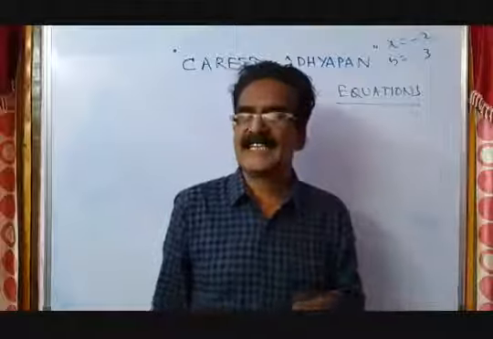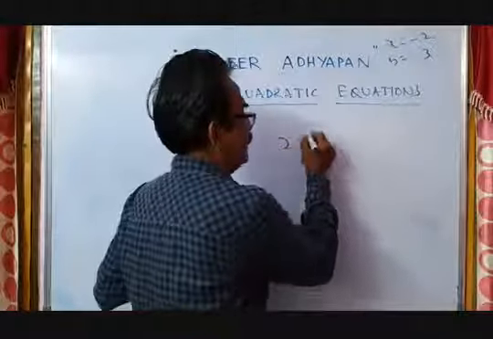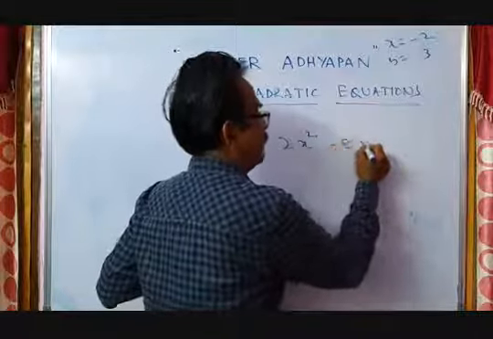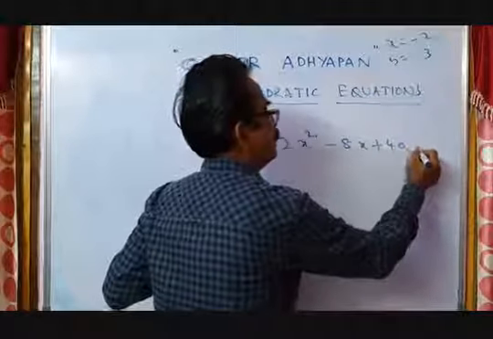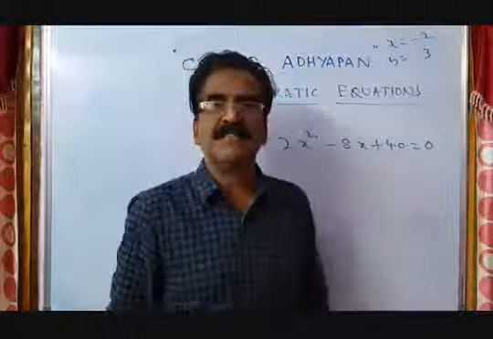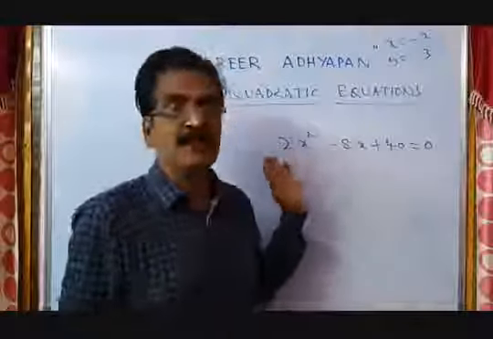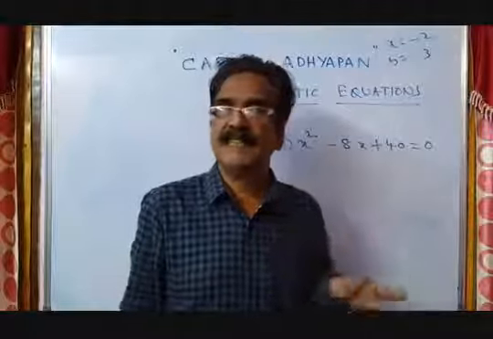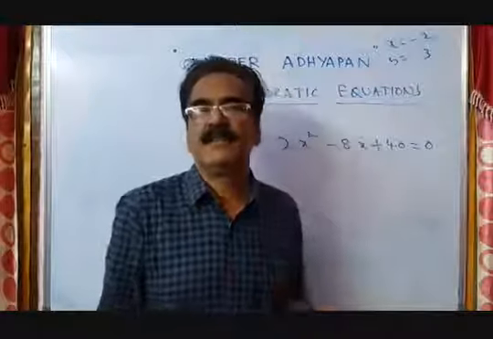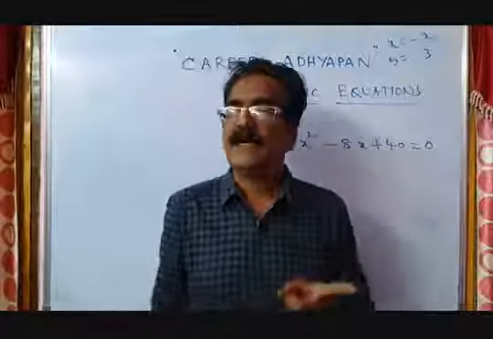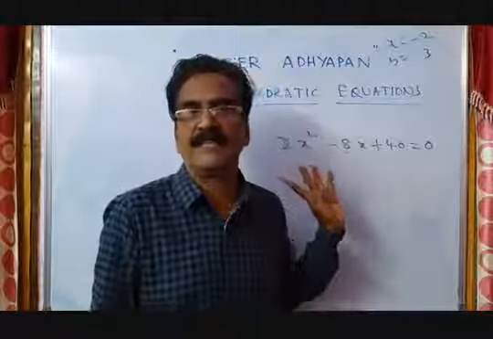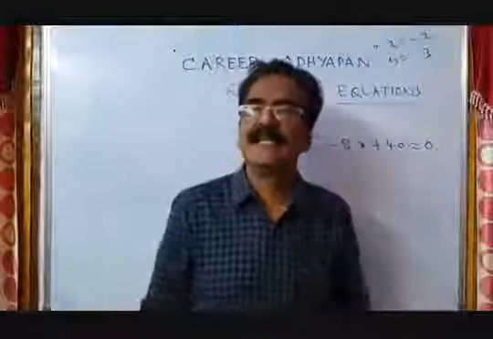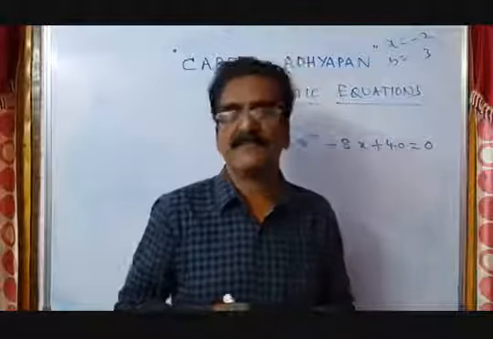Suppose the equation is 2x square minus 8x plus 40 is equal to 0. Then what are the roots of this equation? Here the coefficient of x square is other than 1. How to solve the values of x? That we will see in our next video.